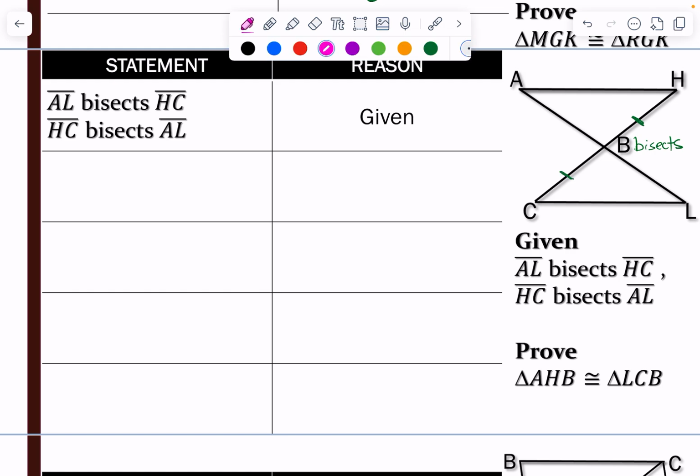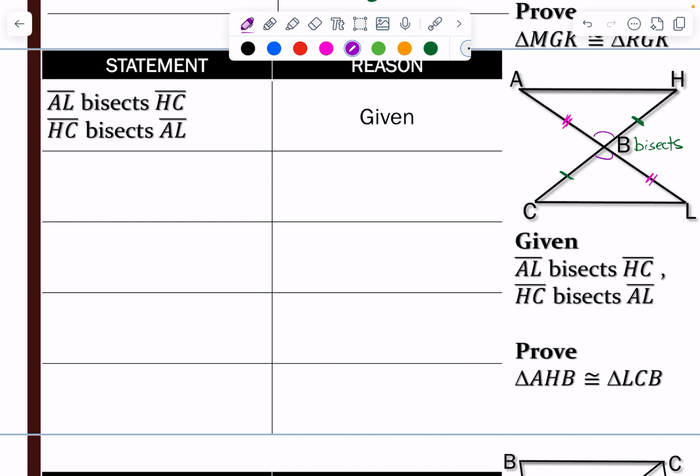I also know that HC bisects AL, so I know I can get those two. Now, if you think about it, will I be able to get a third side? And the answer would be no here, but I should be able to get these two angles congruent because they're vertical angles. So let's go through the proving process now.